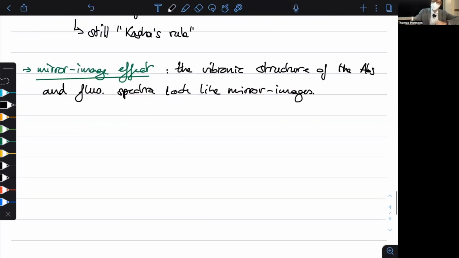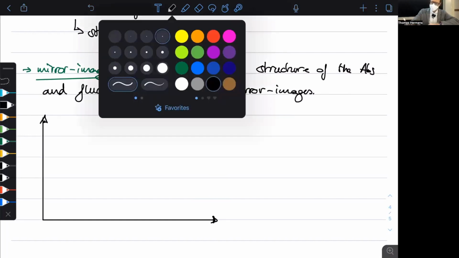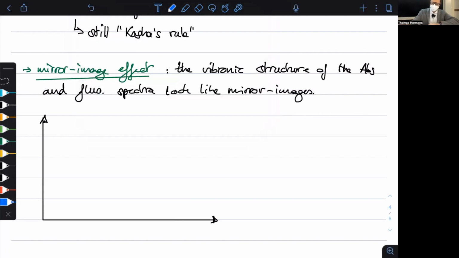We're finally going to go to some spectra because all of this stuff is only relevant when you measure it and actually see what the result is. So we're going to draw some spectra, and we'll start with absorption, which I'm going to draw in blue. On this axis, we have wavelength in nanometers.